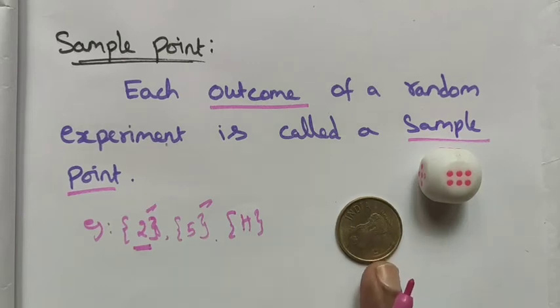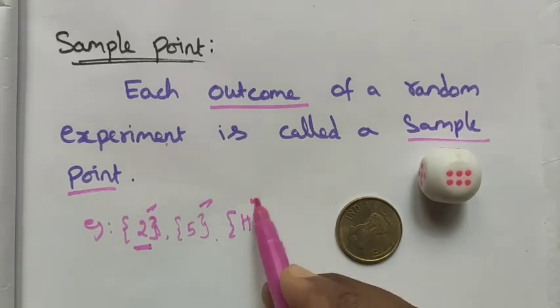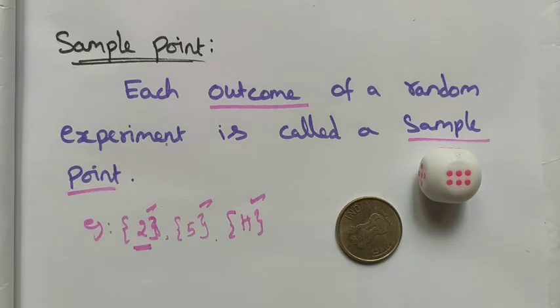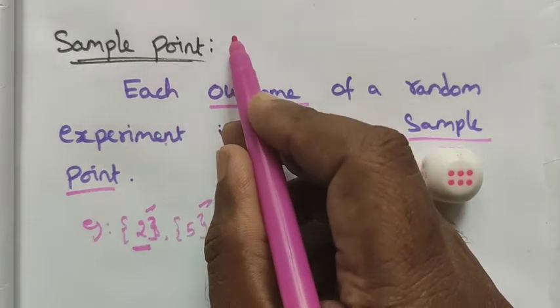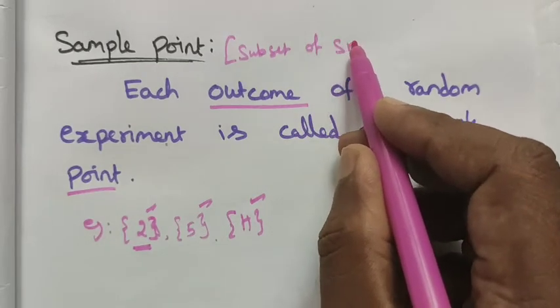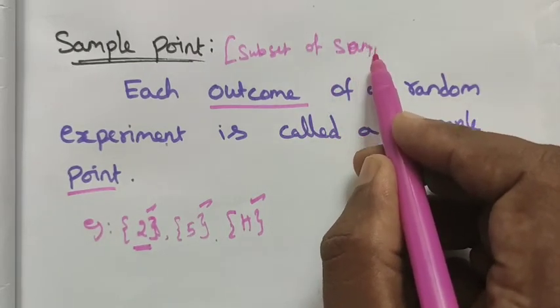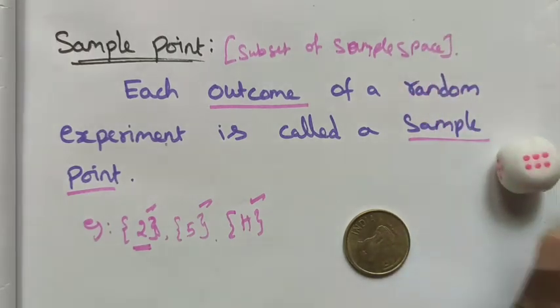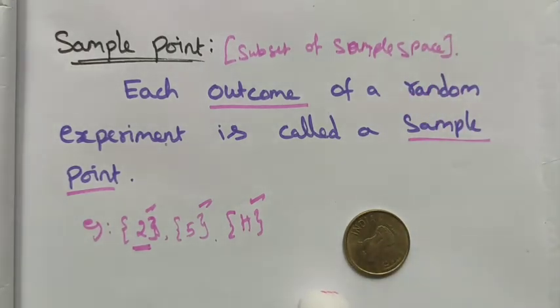Flipping the coin is an experiment, the head is the outcome, and this outcome is a sample point. And also the sample point is a subset of the sample space.